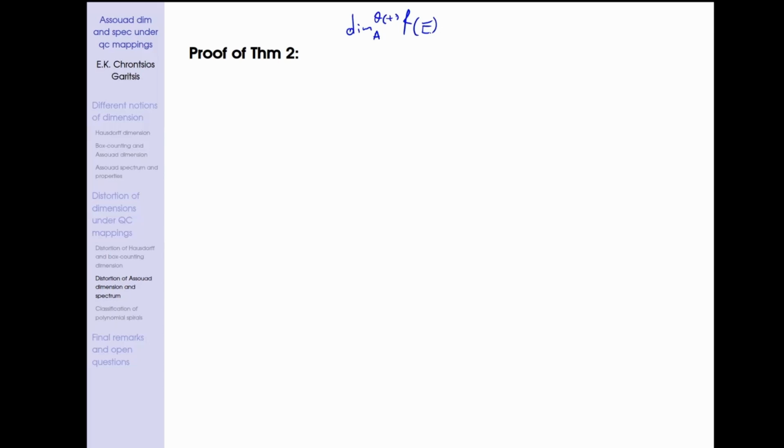But I would prefer to write this in the non-symmetric form because we want to clearly see what bound we want for the exponent of that ratio of covering scales.